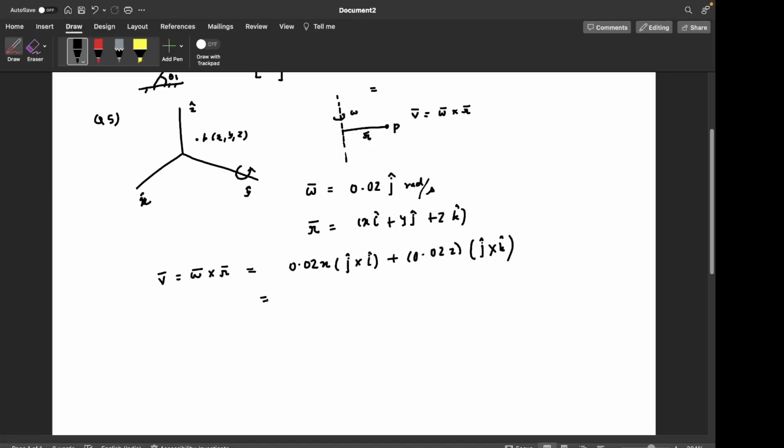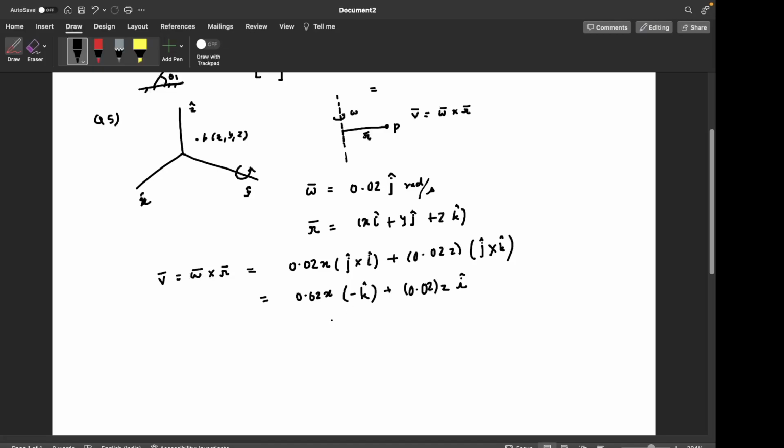So this will be 0.02 x, and j cross i is minus k, plus 0.02 z, and j cross k is i, right?